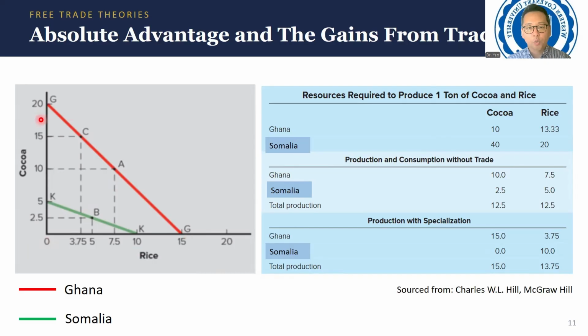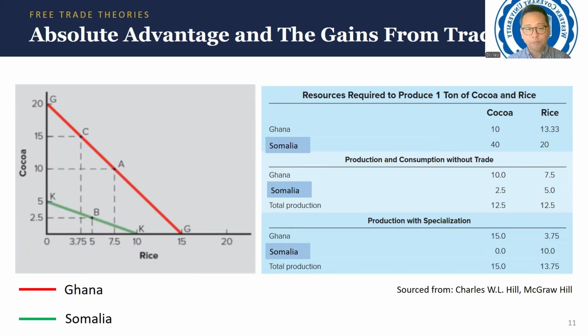So 15 and 20. Or any combination in between on its production possibility curve, 7.5 and 10, or 15 and 3.75. That's what they can produce.